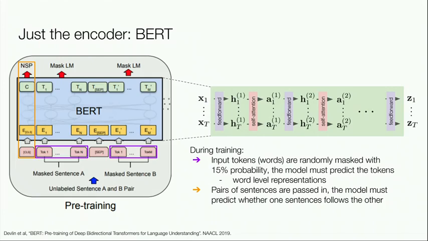One thing I will mention is that sometimes when people train these BERT models, they don't do this anymore. They found that word level representations are the really important part. But at least the original BERT did do this. And that goes along with a very special token at the very beginning of the model.